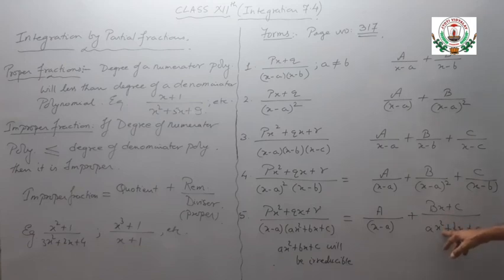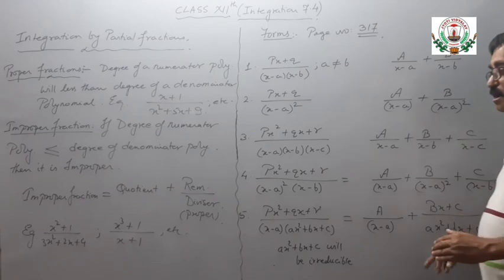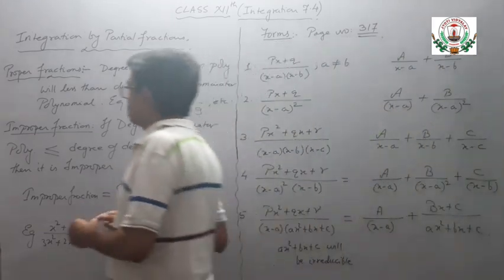So for degree 2 the general form is ax square plus bx plus c, and the previous degree will be 1, and for degree 1 we have a linear equation in one variable. So that's why whenever a polynomial of degree 2 comes in the denominator, we write a polynomial of degree 1 in its numerator, bx plus c.